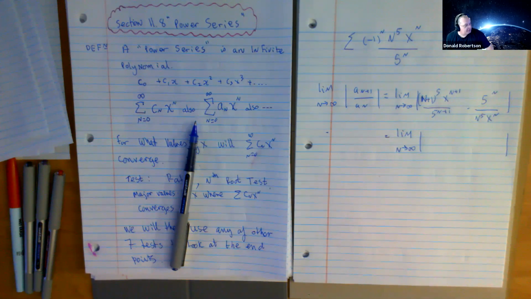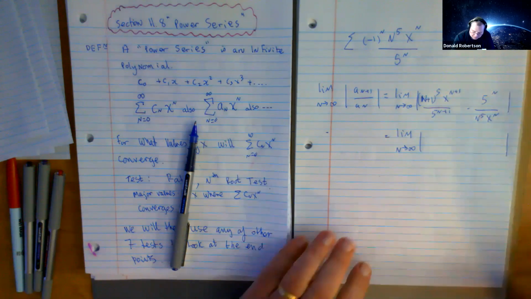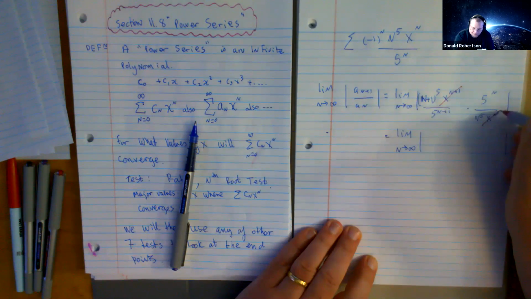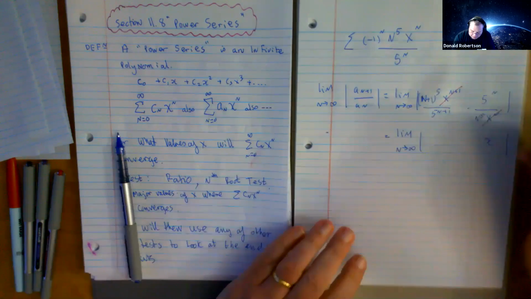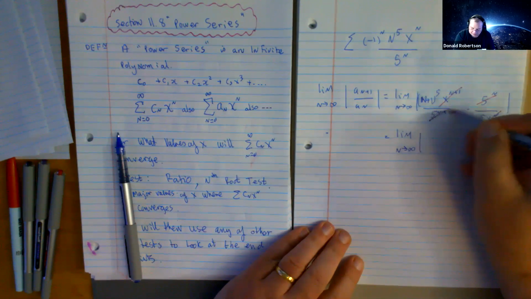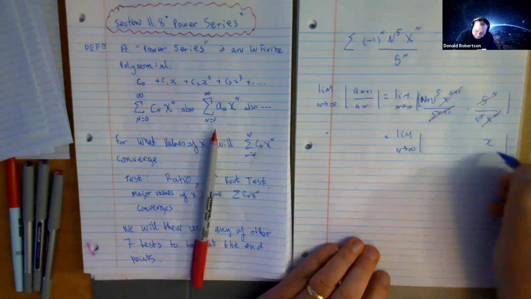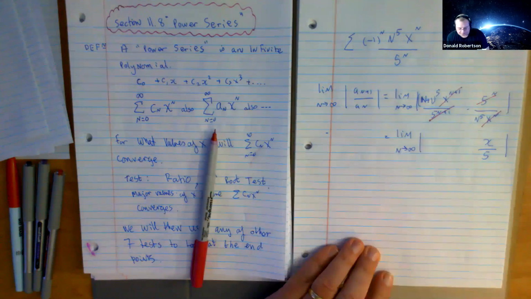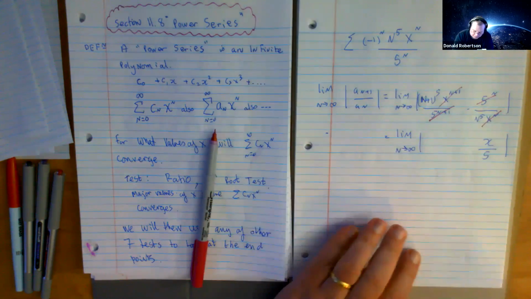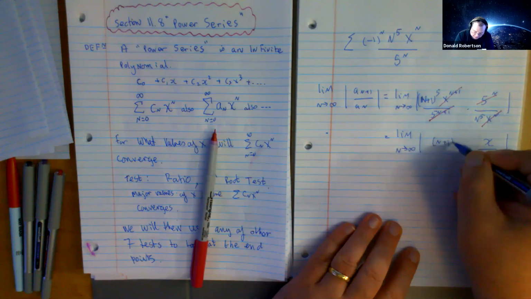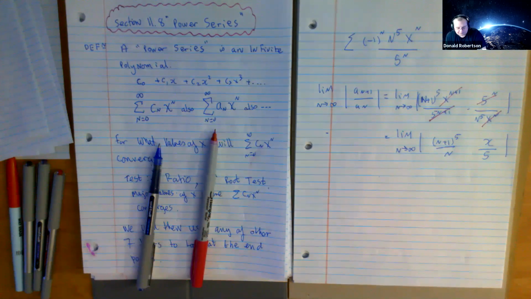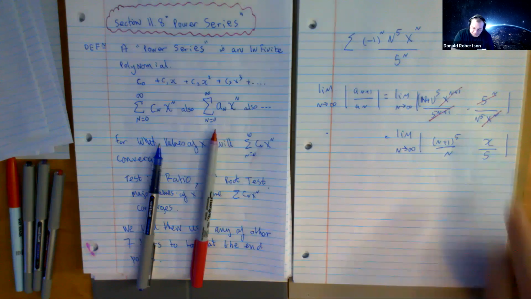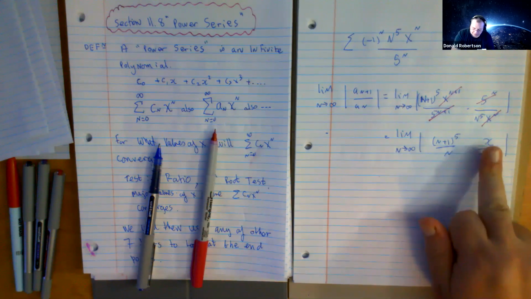Okay, we got some cancelling. This guy cancels out with this guy, leaves an x. This guy cancels with this guy, leaves a 5 in the bottom. These two guys, for the time being at least, I'm just going to leave alone. These are considered as constant, so I'm going to forget about them for a while.